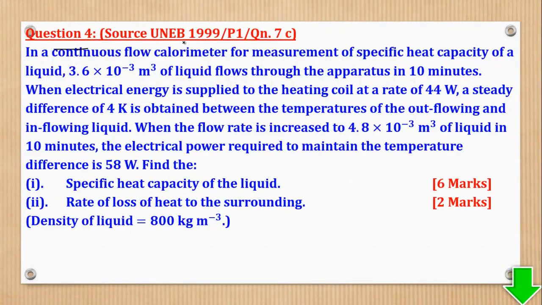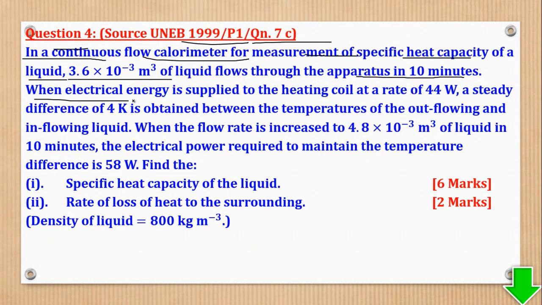Then question 4 came from UNEB 1999 paper 1 question 7c and says, in a continuous flow calorimeter for measurement of specific capacity of a liquid, this many meters cubed of the liquid flows through the apparatus in 10 minutes. When electrical energy is supplied to the heating coil at a rate of this, a steady difference of 4 Kelvin is obtained between the temperatures of the outflow and inflow liquid.